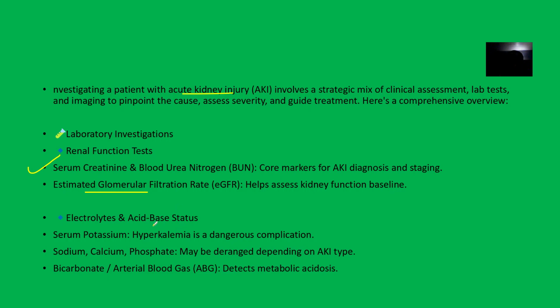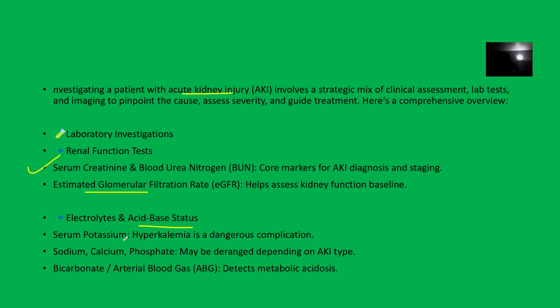Then for electrolyte and acid base status, you are just trying to look at all those electrolytes in the body. Are they high or are they down? So serum potassium, sodium, calcium, phosphate, bicarbonate, arterial blood gas.